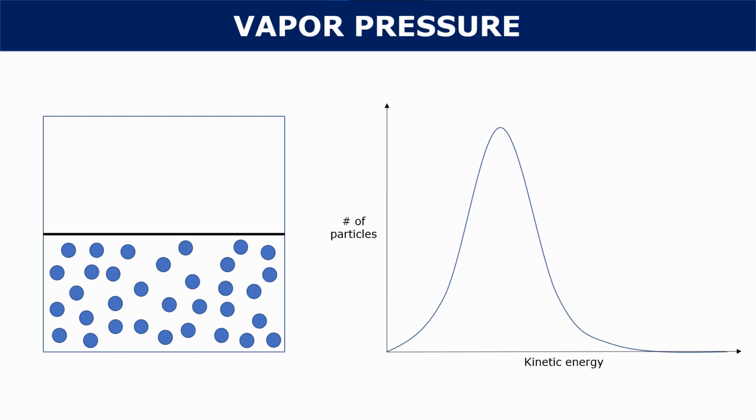If a molecule has enough energy, it can jump up from the liquid and become a gas. So if a molecule were to have enough kinetic energy, it could break that barrier and become a vapor. Let's say that the energy needed to escape the liquid is about right there. Molecules that have more than that kinetic energy can lift up and become a vapor.